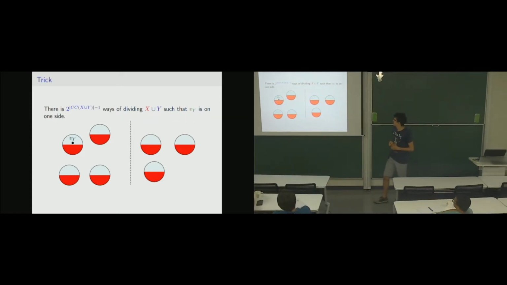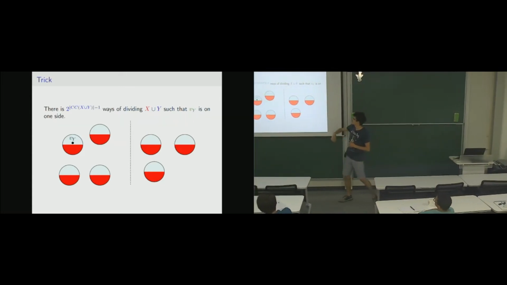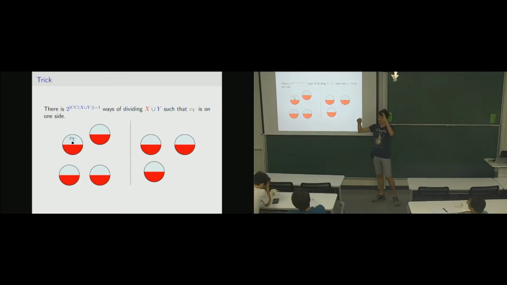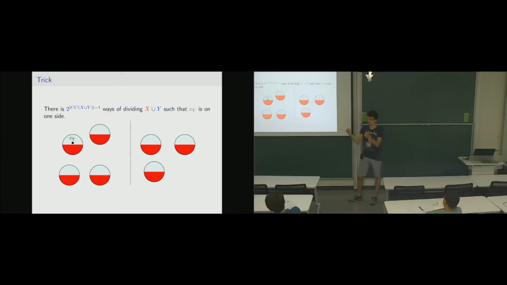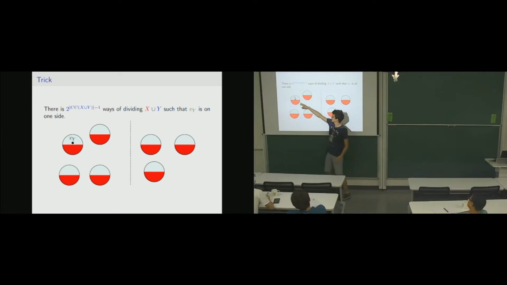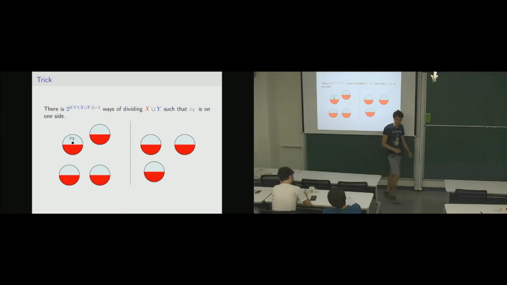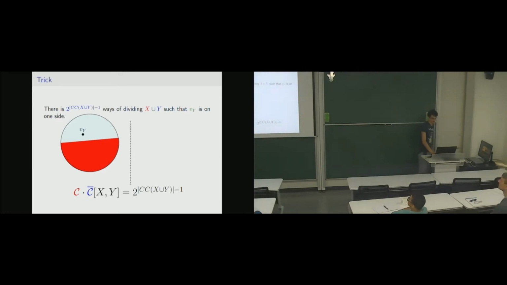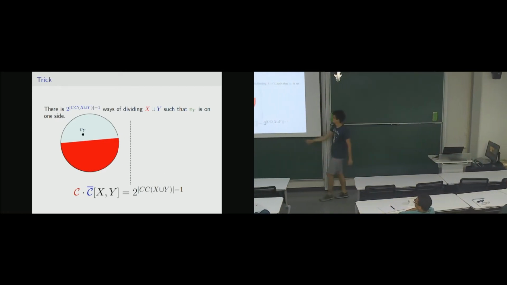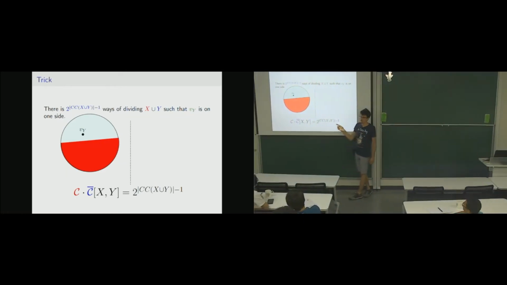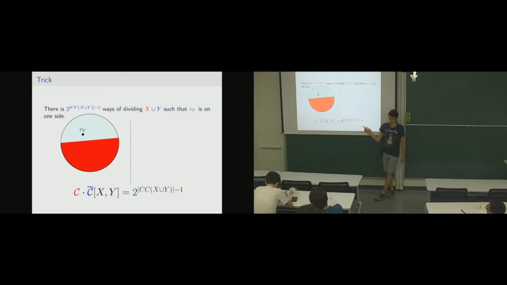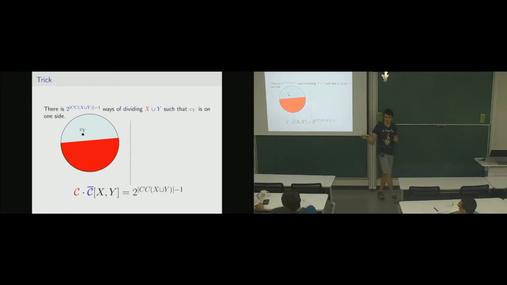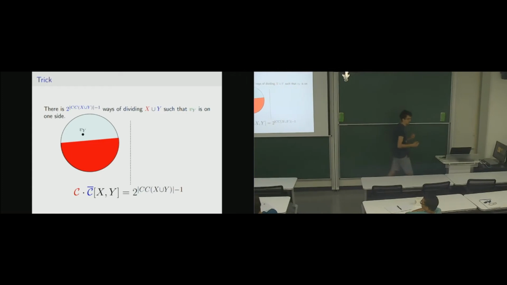And you can see that there are 2 to the number of components minus 1 ways of dividing X and Y in that way, because we have 2 choices for every connected component, except for the one which contains v_Y. So this is odd if and only if X and Y form a connected graph, right? And this is the trick.